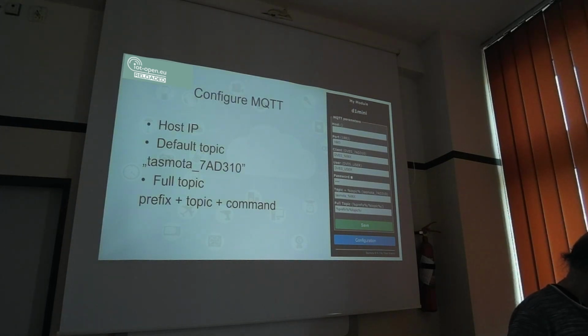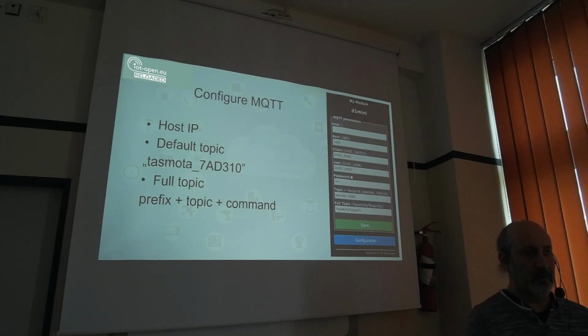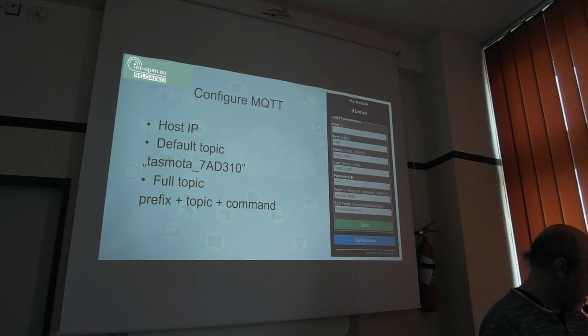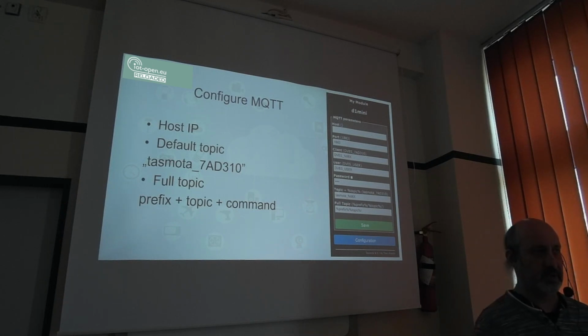And here we have the user name and the password, and if we have an MQTT broker with credentials, we need to provide the username and the password here. And here we also provide the topic and the full topic. Topic is something that differs between different Tasmota devices.